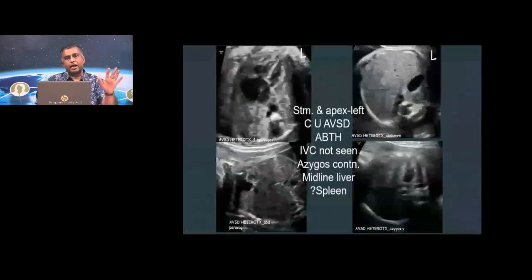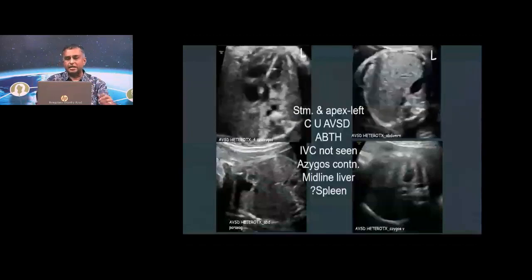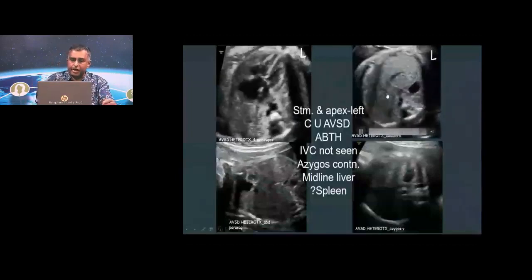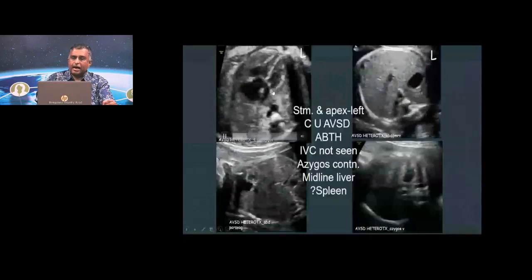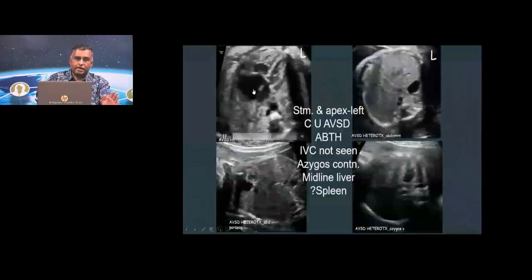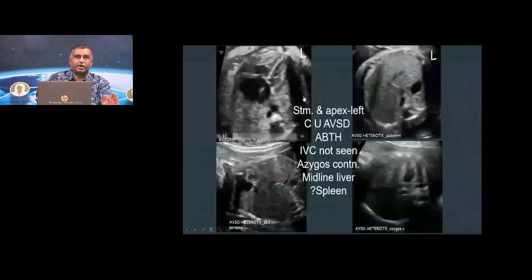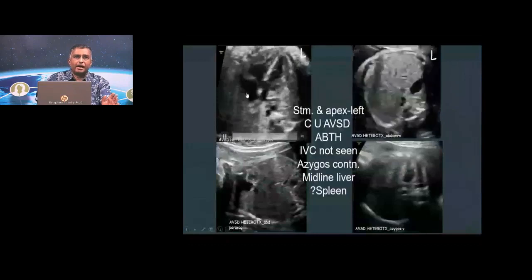So absent IVC goes with an azygous vein which is large, and this azygous vein tells us that there is an interrupted IVC with an AVSD. I'm sure we are dealing with a right-sided atrial isomerism. The double vessel is also seen very, very well here. In fact, it's seen better over here. Look at the area behind the heart.